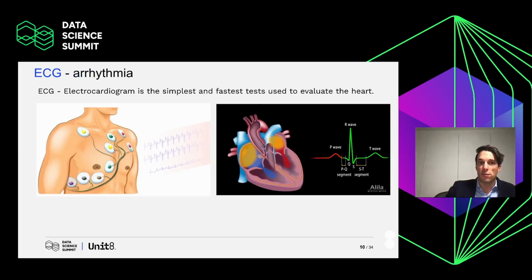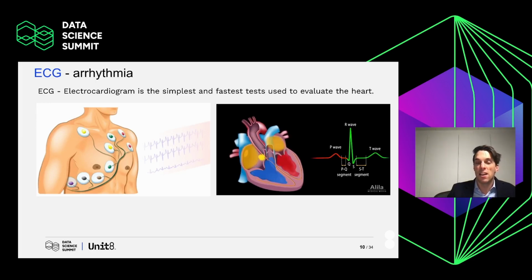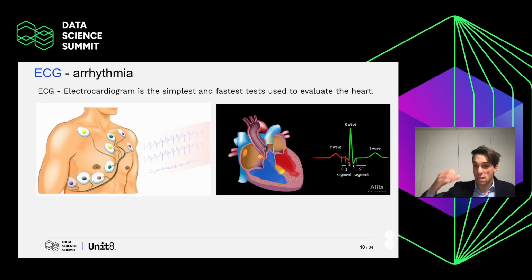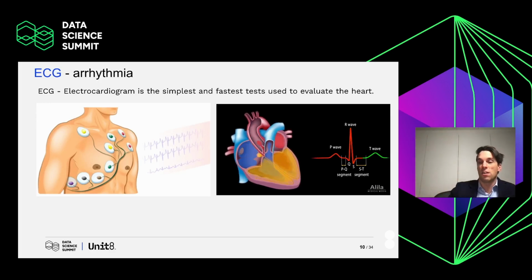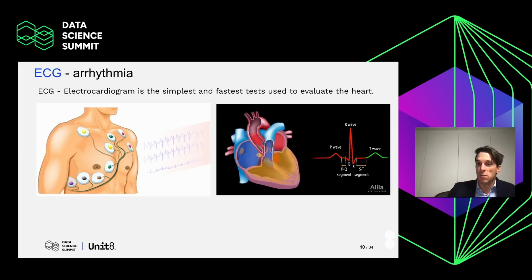ECG stands for electrocardiogram, which can be considered the simplest and fastest test used to evaluate the heart. It's basically attaching certain electrodes to the skin, which measure the depolarization and repolarization of the heart. As we see on the right hand side, we see a heart which is pumping, and this depolarization and repolarization generates a spike-like measurable signal, which is composed of quite key characteristic features.